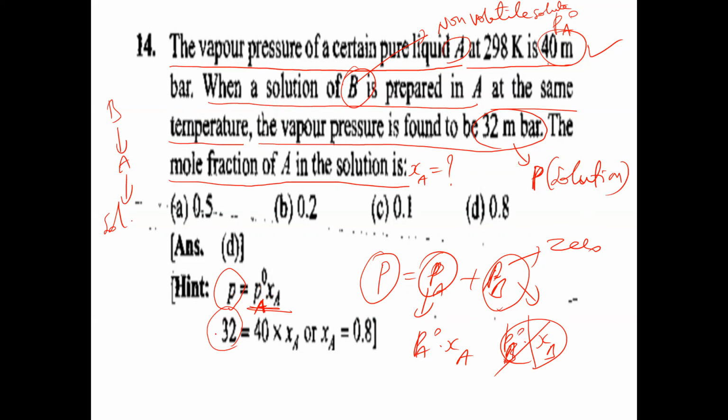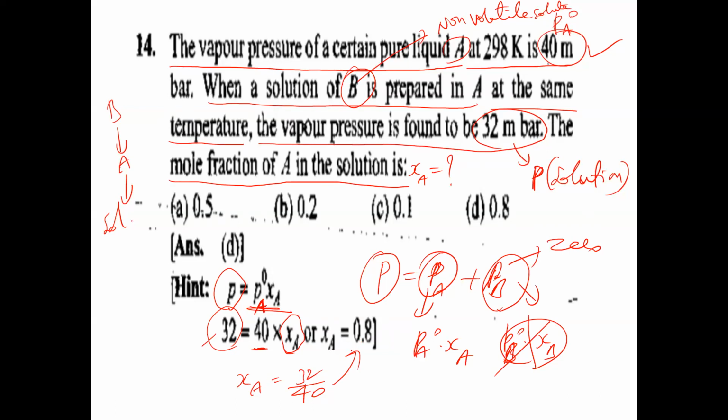So here P total 32 is equal to 40, the PA naught value, into XA. XA is asked, so XA is equal to 32 by 40, that is 0.8. So the mole fraction of A is 0.8. When the mole fraction of A is 0.8, mole fraction of B will be 1 minus 0.8.